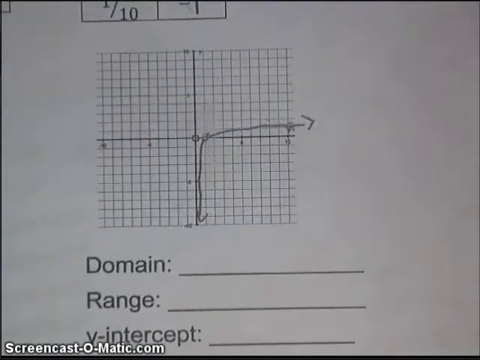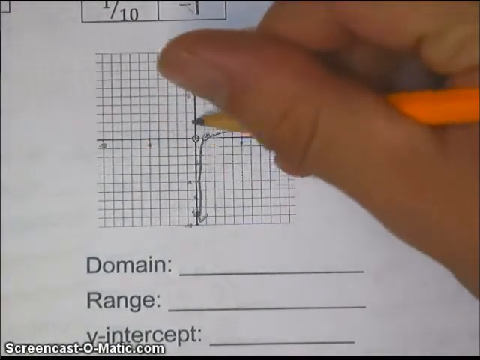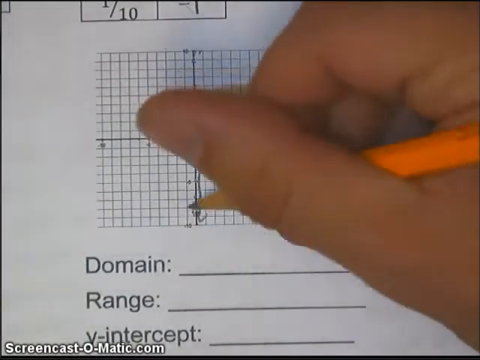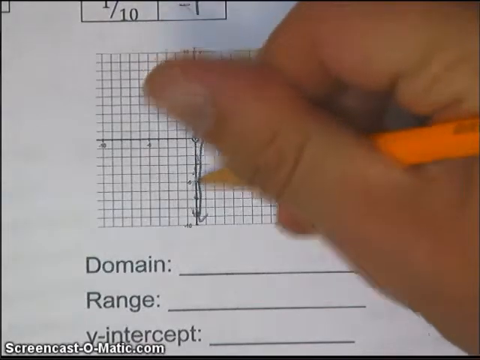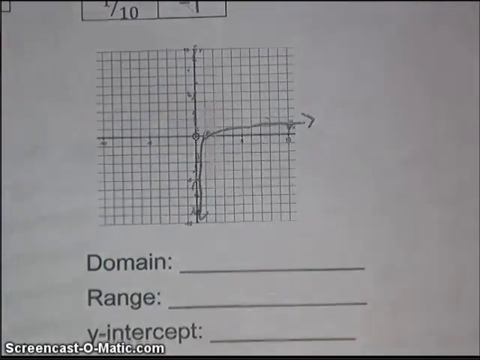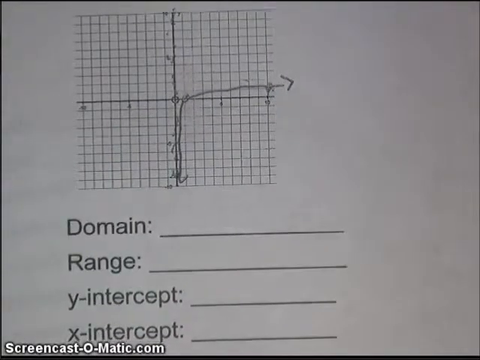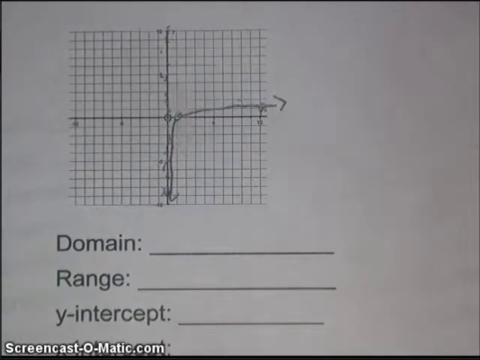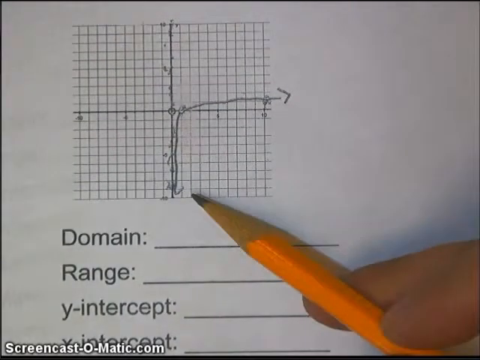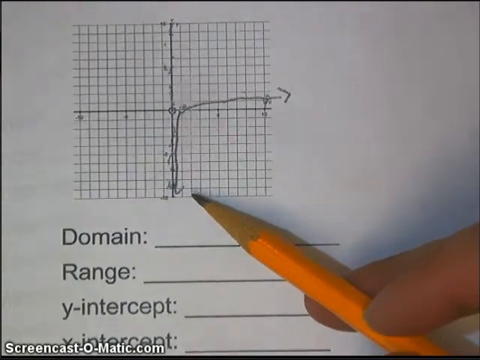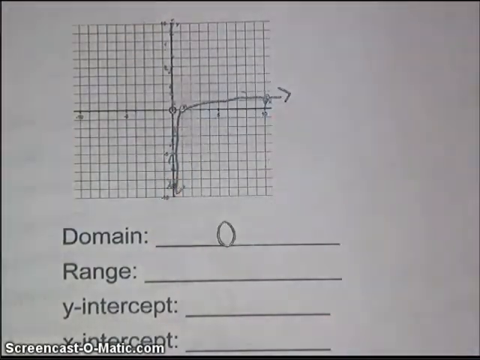Okay, so I'm going to draw a little dotted line right there, because that is a line that my function approaches but never quite touches. That's an asymptote. I'll talk about that more in just a second. The domain: how far left, how far right? Well, it's approaching 0, but it never quite gets there.